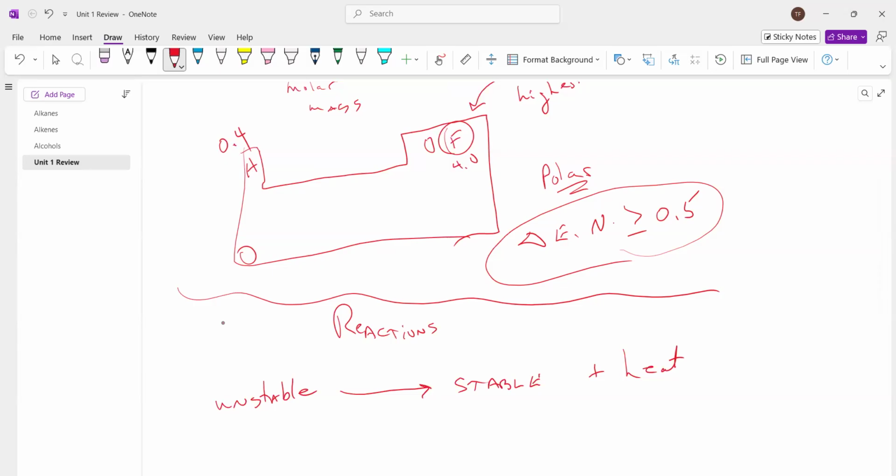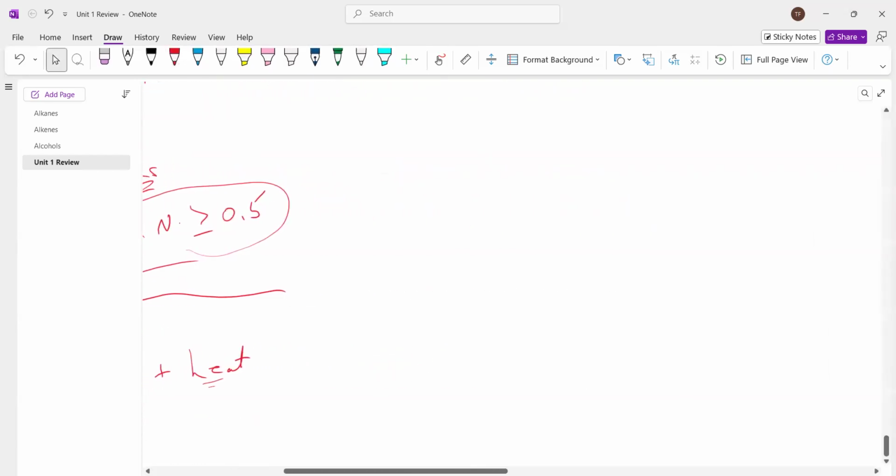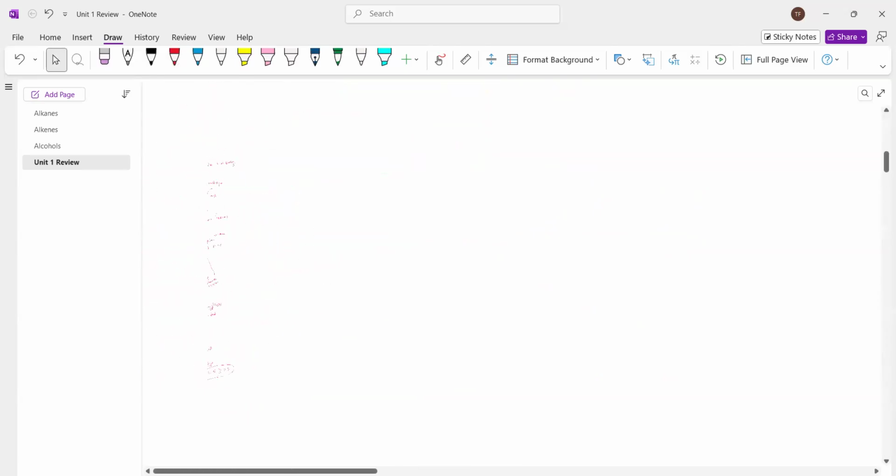However, if we're going this way, we have to supply heat to get to the unstable. So if we look at, let me grab the flow chart.